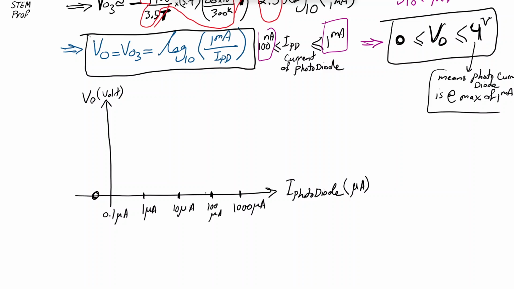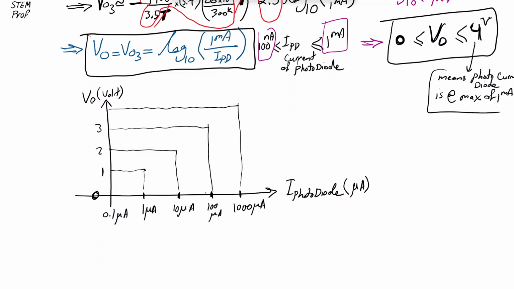What happens is we are increasing linearly on a log scale. So here we have 1, here 2, here 3, and finally here 4 maximum, as we talked about.